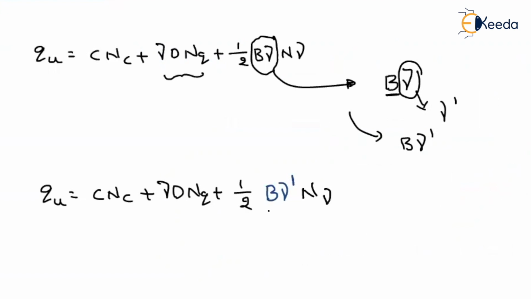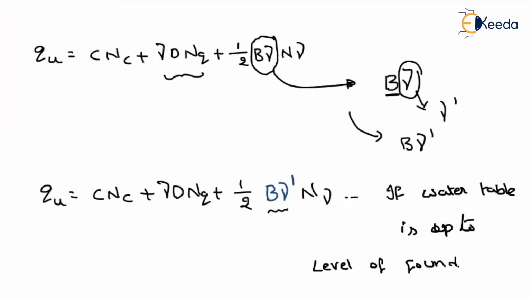It will affect this B into gamma dash only when the water table is up to which level? Up to the level of foundation.